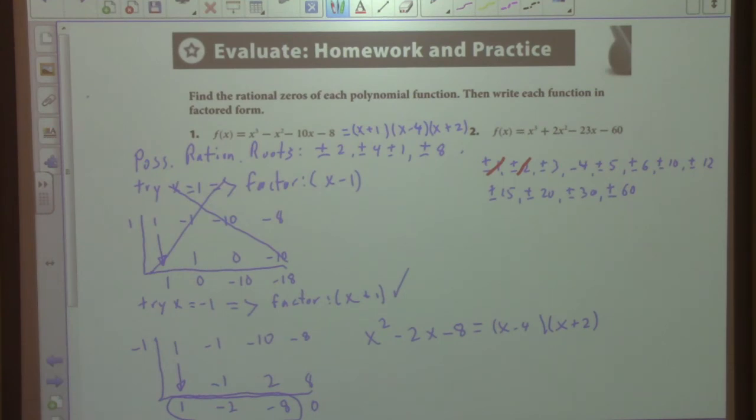You don't get them from these numbers, you get them from a list of factors. This is where they come from, right here. So start with 3, then if that doesn't work, go to negative 3.